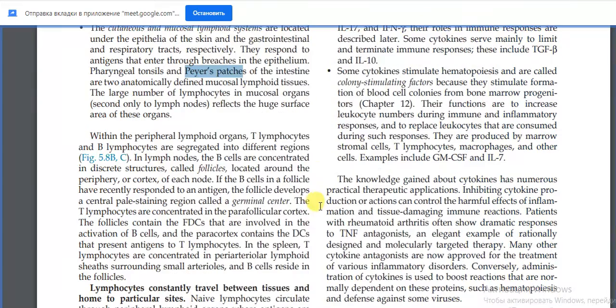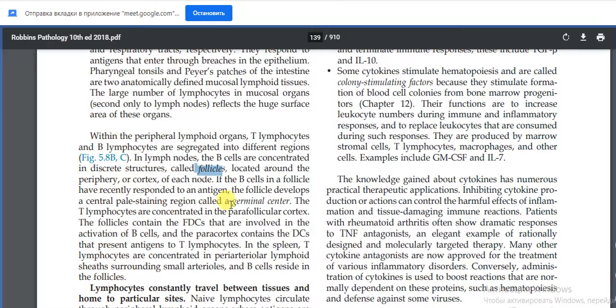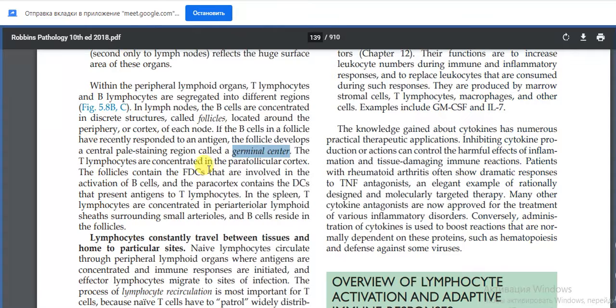Within the peripheral lymphoid organs, T lymphocytes and B lymphocytes are segregated into different regions. In lymph nodes, B cells are concentrated in discrete structures called follicles or nodules, located around the periphery or cortex of each node. In the middle they contain the germinal center, a pale stained region, as I explained before. The T lymphocytes are concentrated in the parafollicular cortex, interstitially between these follicles. The follicles contain the FDCs, follicular dendritic cells, which are involved in the activation of B lymphocytes.